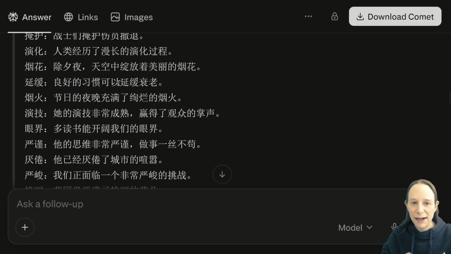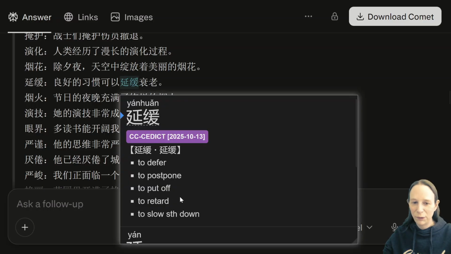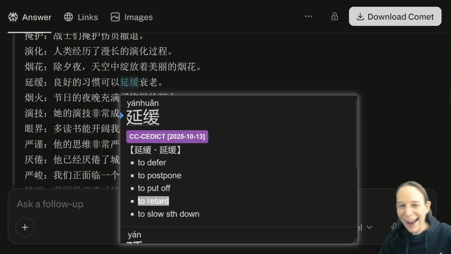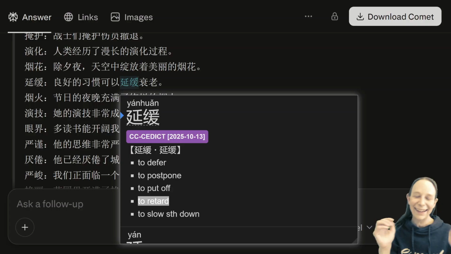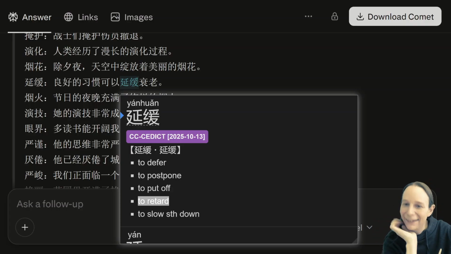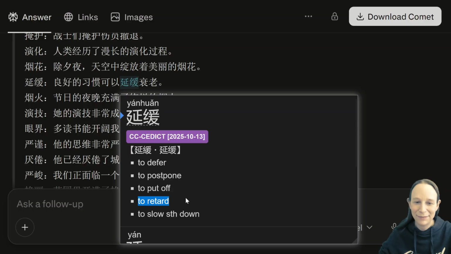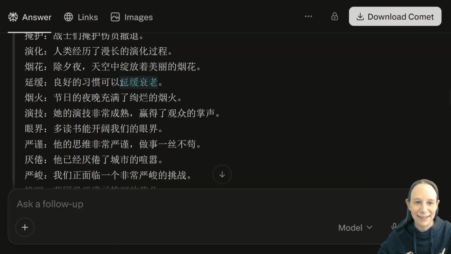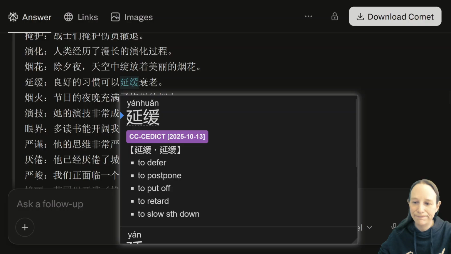良好的习惯可以延缓衰老. So it's like alleviate or retard. It retards aging. I don't know, slows down aging. Slows down aging. 延缓.